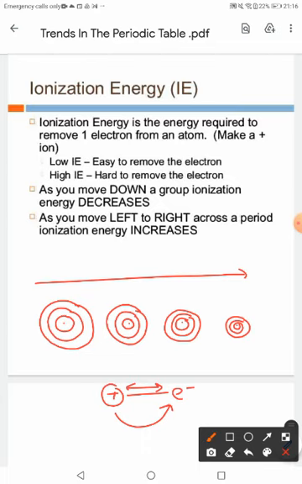So suppose they all have valence electrons: sodium will have 1 electron, magnesium will have 2 electrons, aluminum will have 3 electrons. Now sodium has to attain the nearest electronic configuration of neon, so it will want to lose 1 electron, and it is very easy to remove the electron from it.